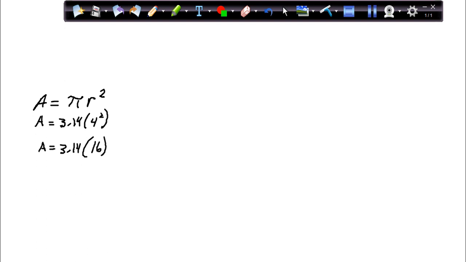So 3.14 times 16 will give us 50.24 square meters. And we'll just abbreviate that, meters.